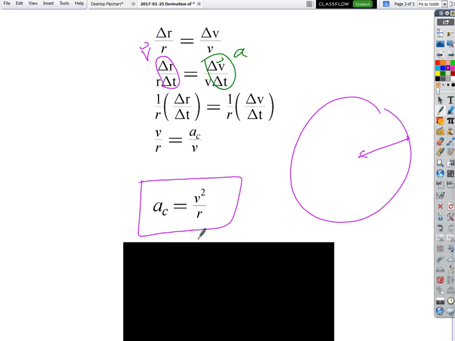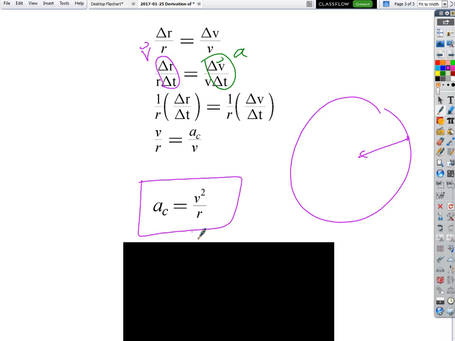So what's one way you could increase the centripetal force necessary to move you in a circle? By changing what? Changing the radius, okay? If I want to get a larger centripetal acceleration, what do I do to the radius? Make it smaller, just in the bottom of the fraction, right? That makes sense.